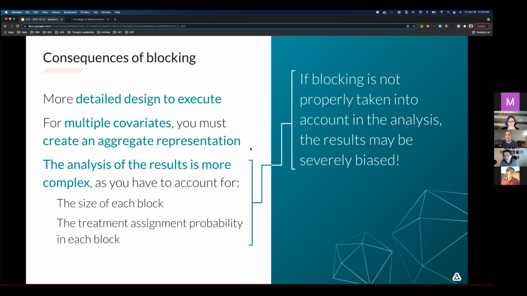You're adding complexity, and that can be complexity in the assignment and the execution, but you could completely add just the silliest covariate possible, and it should not negatively impact your results. You're just adding complexity to the design, execution, and analysis.